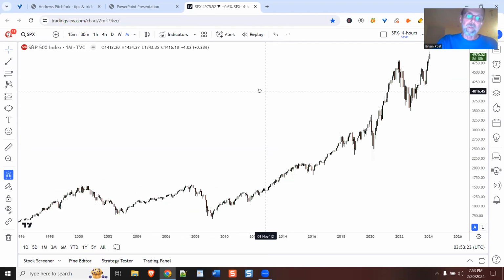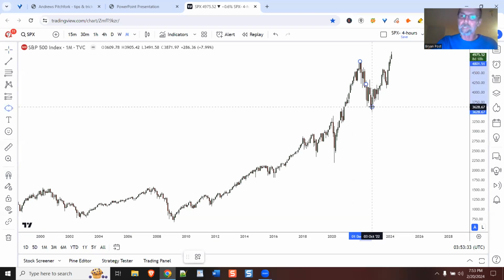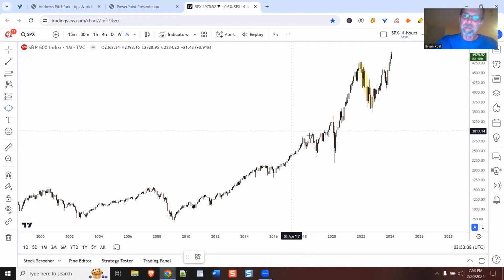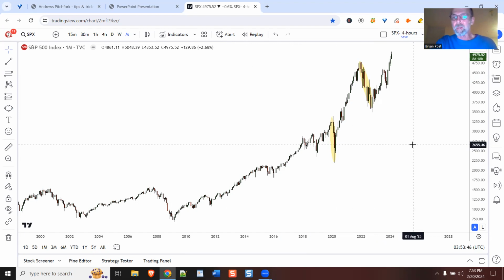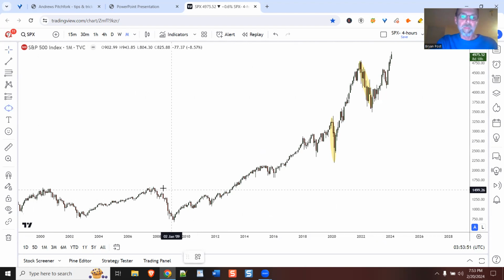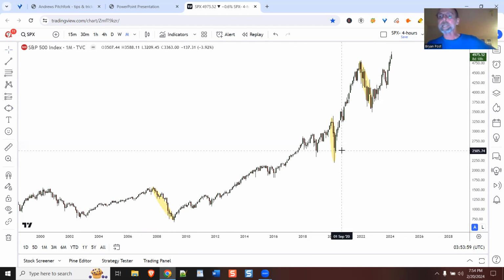And so when I look at this chart, and of course this is based on my experience of drawing thousands, literally thousands, I'm not exaggerating in the least, thousands of pitchforks, at some point it dawned on me that whenever I had a valid pitchfork, there was a significant pullback, or certainly in an uptrend.